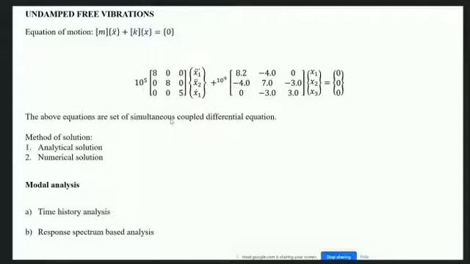In fact, then we can carry out two types of modal analysis. One is time history analysis. We'll see that it is very, very rigorous. I mean, in 3 degrees of freedom, we'll try to show the example, and then possibly we'll not be able to go to complete it. At some level, we'll say that. Then after this, the procedure will be like that. But it will be such a cumbersome procedure.